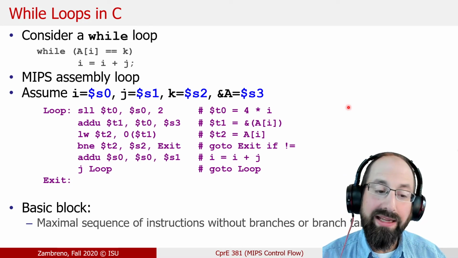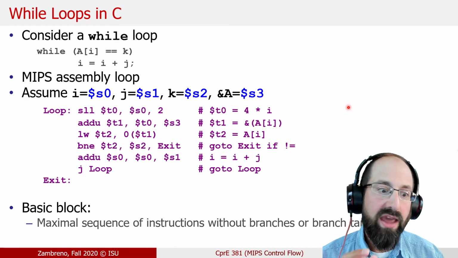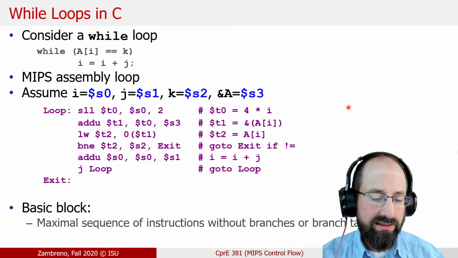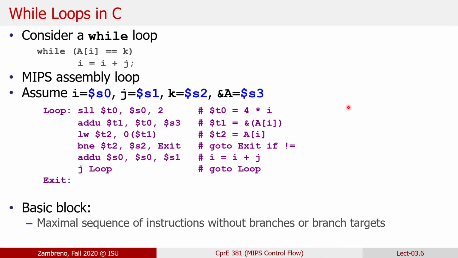This is kind of combining two concepts, right? We have to check if A of I is equal to K. So first we have to do the array index of our A of I. That's what the beginning of the logic is doing here, right? There's that shift left logical, which I know looks like set less than, but it's a totally different instruction. That's our shift left logical, taking the value of I and shifting it to the left by 2.